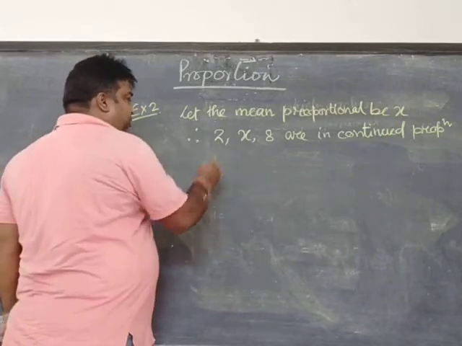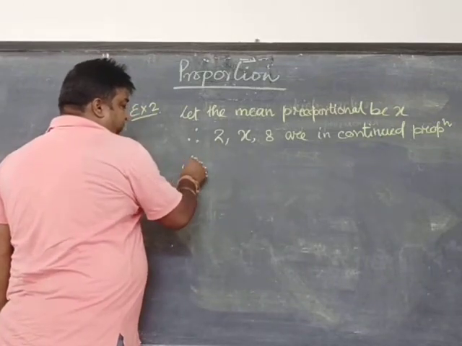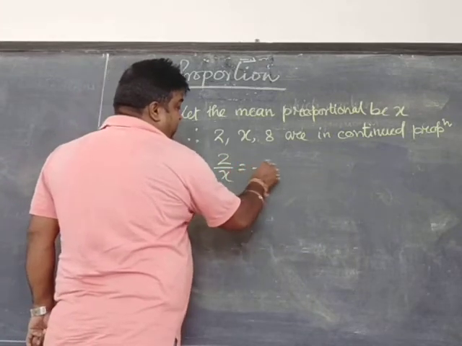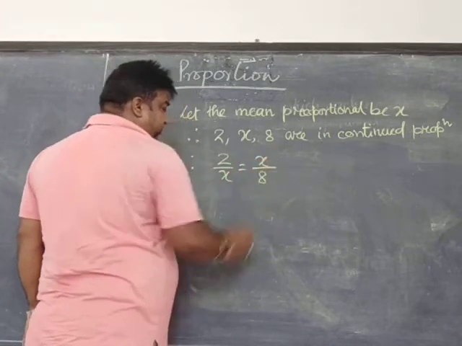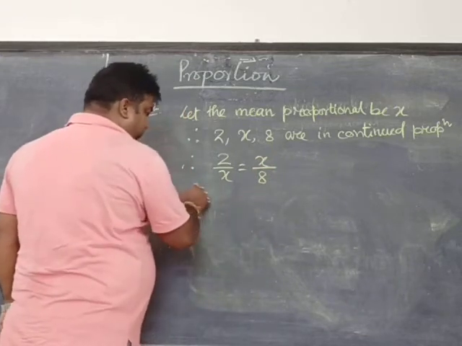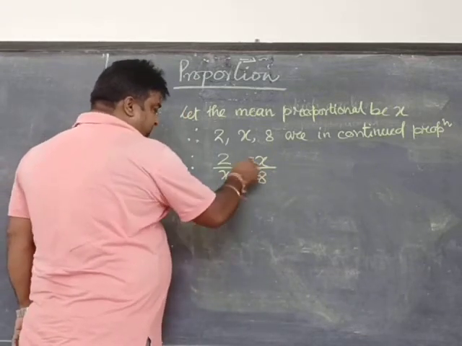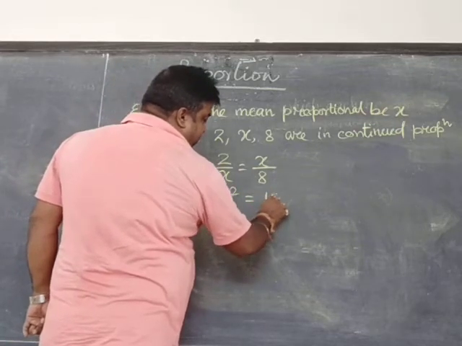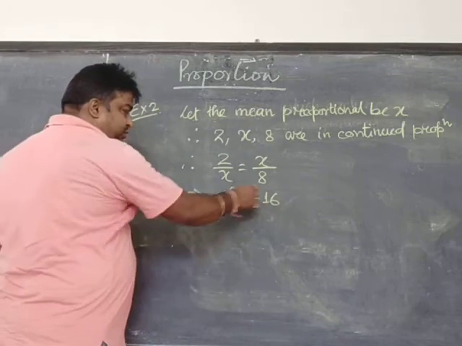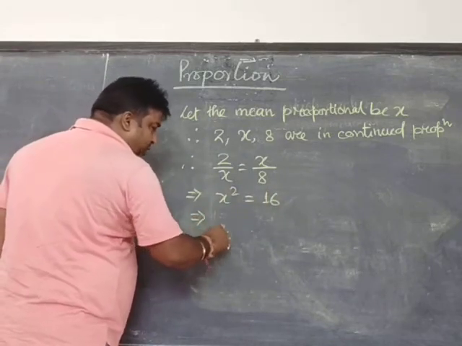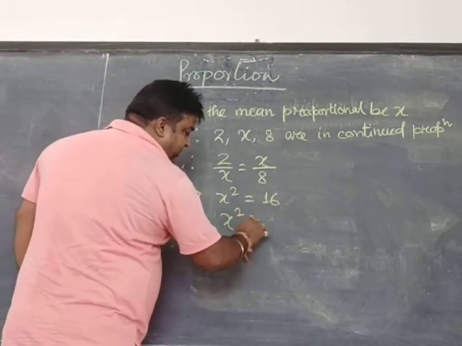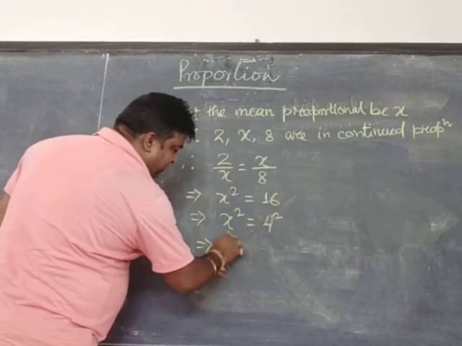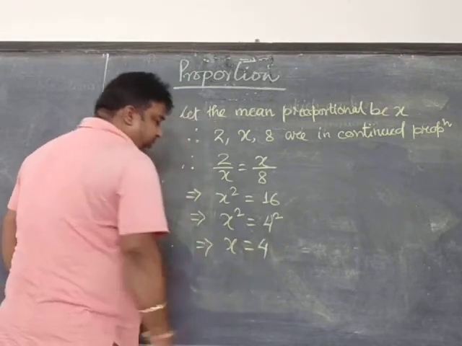So when they are in continuous proportion, therefore what do we have? 2 by x equal to x by 8. So then x into x, x square equal to 2 into 8, 16. Now whose square is 16? 4, yes. So x square equal to 4 square. So that implies x equal to 4.